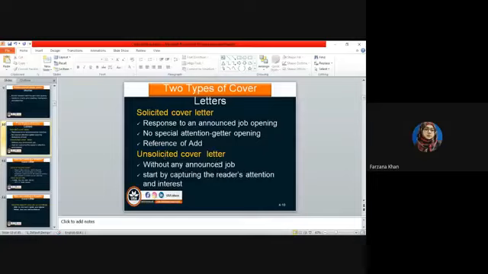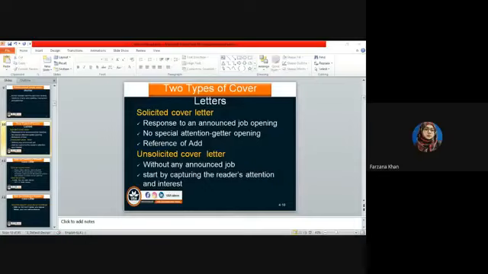Between these two letters, there is a slight difference which I would like to elaborate, so that you learn the difference between a solicited cover letter and an unsolicited cover letter. A solicited cover letter is in response to an announced job opening, as I already told you. So you will usually know what qualifications the organization is seeking.